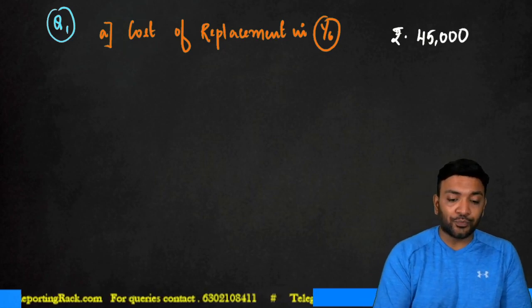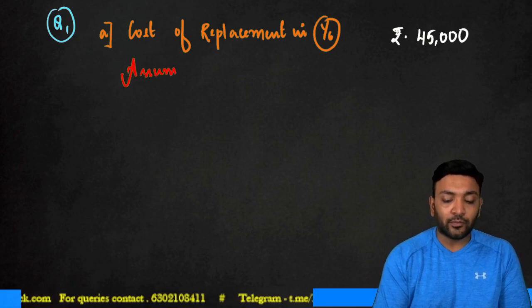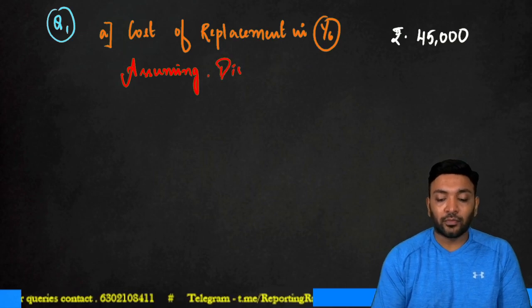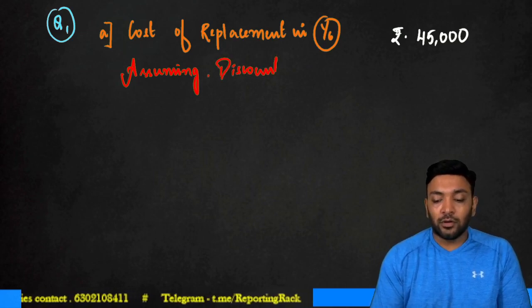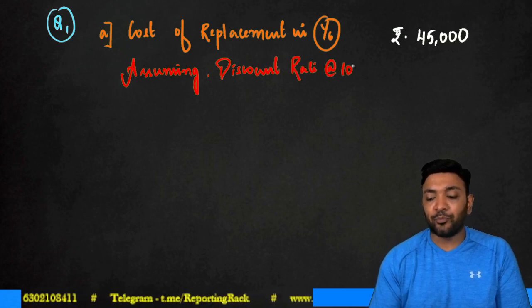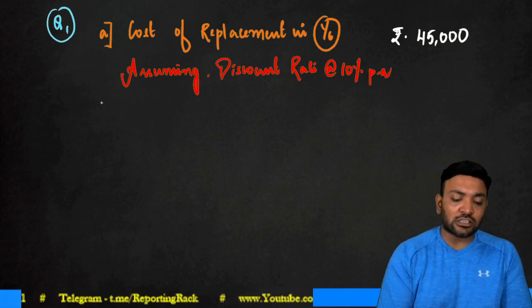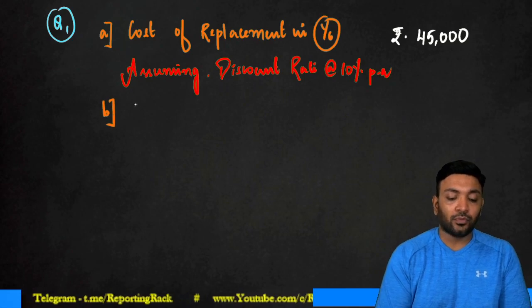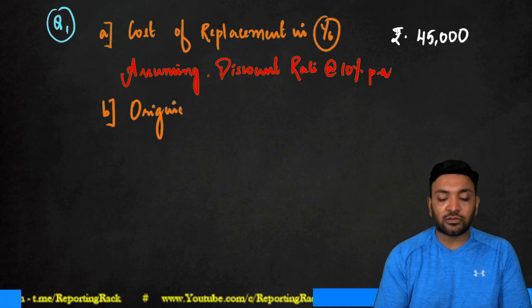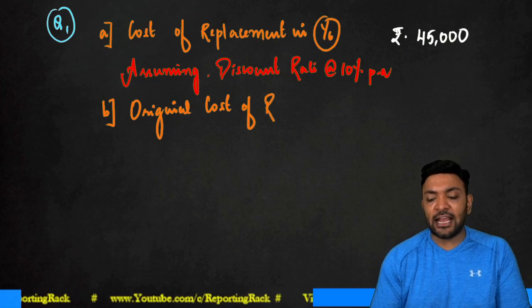So let us assume a discount rate of 10% per annum. What should be the original cost of the replaced component?